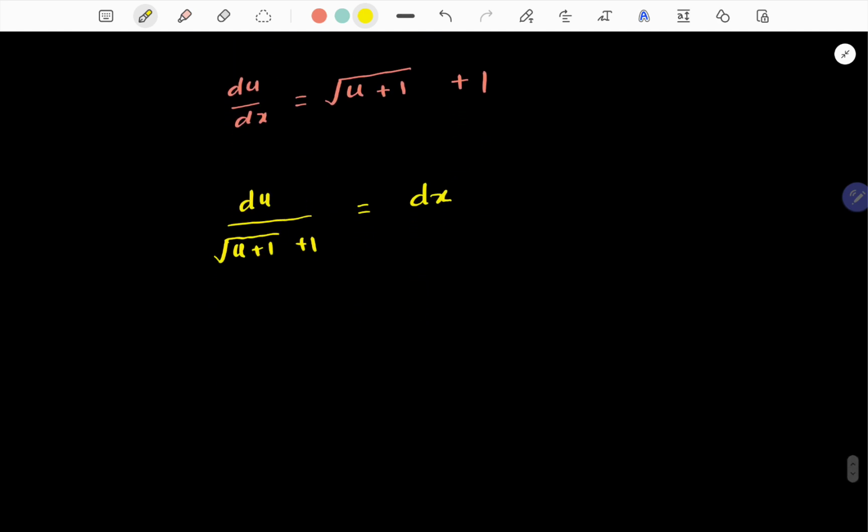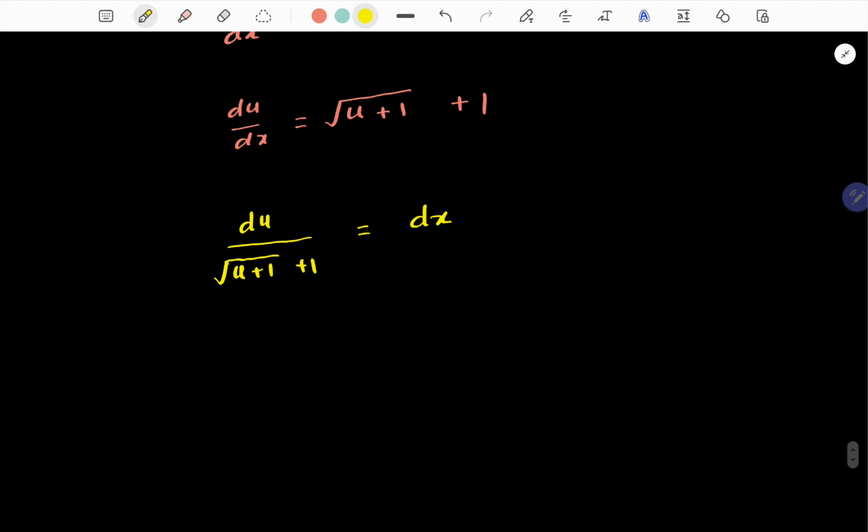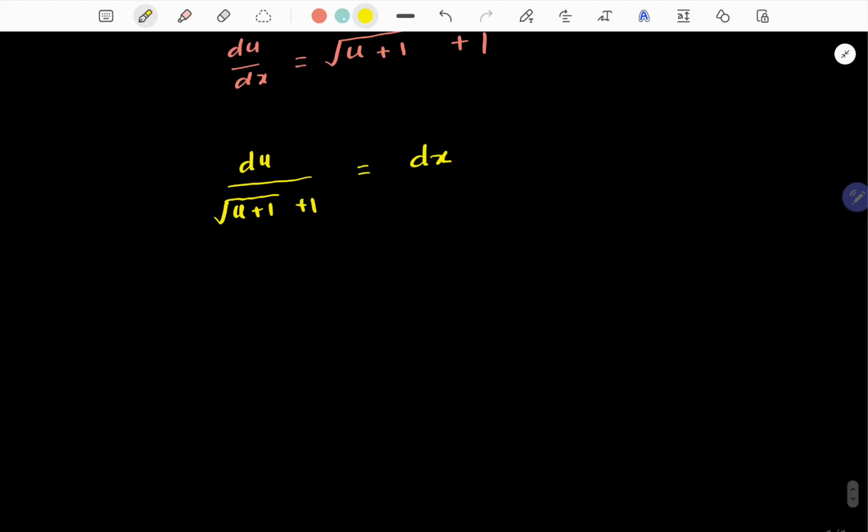Now again we have to substitute some other variable. Let t be the square root of u plus 1. Then t squared will be equal to u plus 1, and we have to replace du. Taking the differential on both sides, we get 2t dt equal to du, and the differential of 1 is 0.